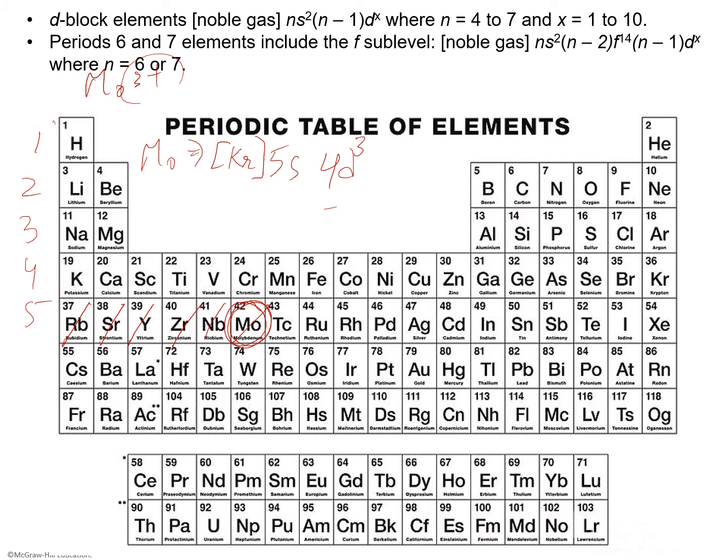So that would be 5s0, 4d3, or you can write this as Kr 3 plus, you don't put the s, you just start 4d3. So how many unpaired electrons does this consist of? 3 unpaired electrons. Okay, so that is how you write the electronic configuration for transition elements and their ions.